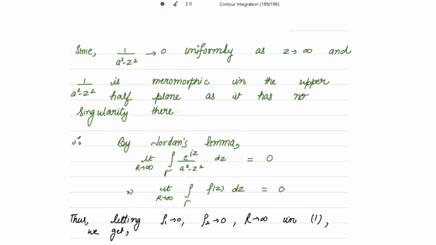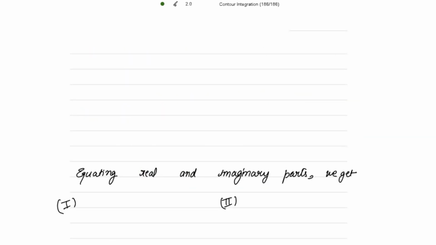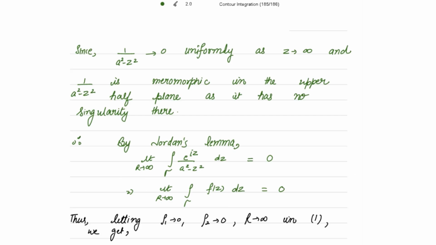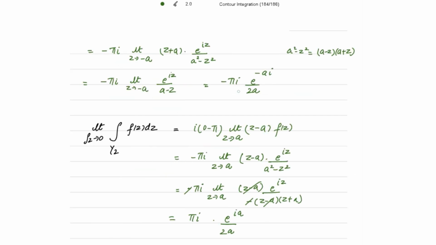So letting rho 1 tends to 0, rho 2 tends to 0 and r tends to infinity in 1, and then putting all these values over there, we get the first integral minus infinity to minus a f of x dx. Then the value for the integral over gamma 1 we have already calculated, and that is equal to minus pi iota e to the power minus a iota over 2a.